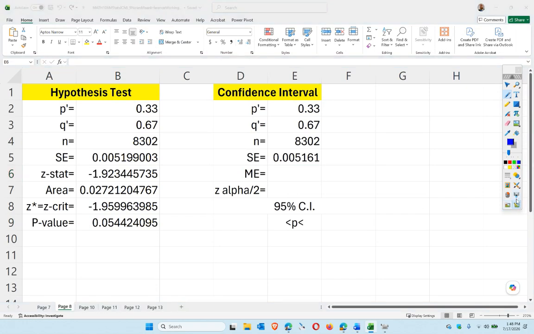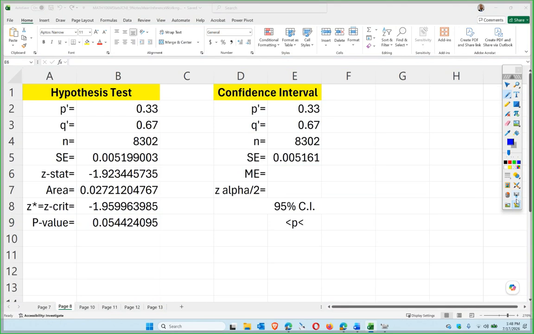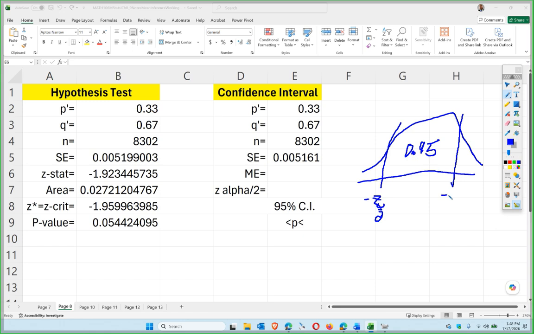What's interesting about this is we're going to have the same alpha, because this is also two-tailed, because confidence intervals that we do are two-tailed. So we have 0.95. Unlike before, it was a one-tail versus a two-tail. So this is now z alpha divided by 2, the negative one, and this is z alpha divided by 2, the positive one.